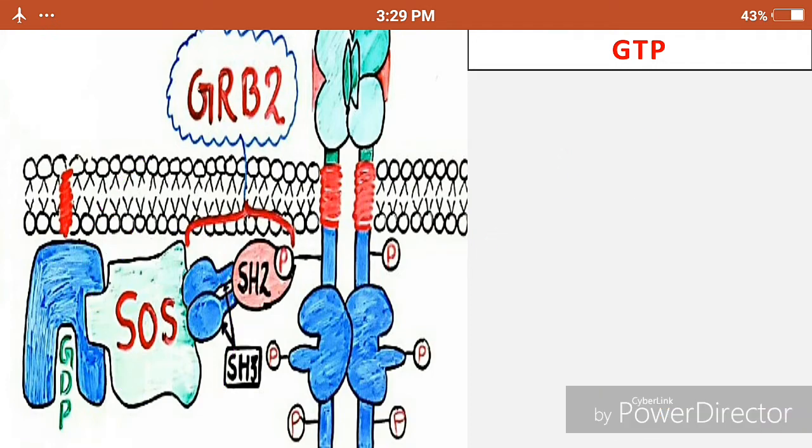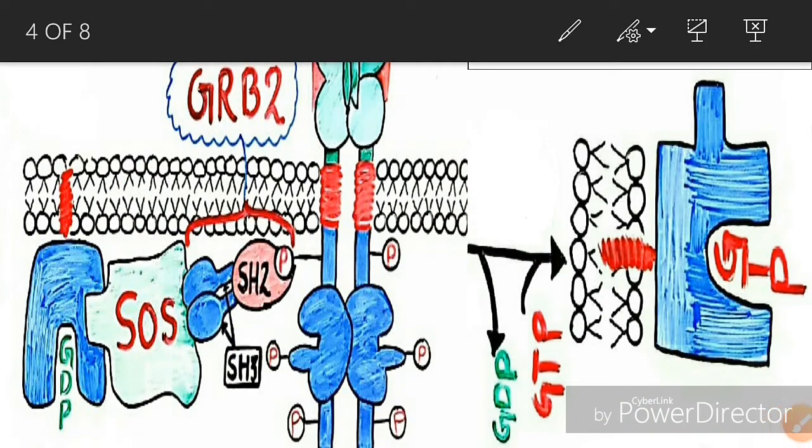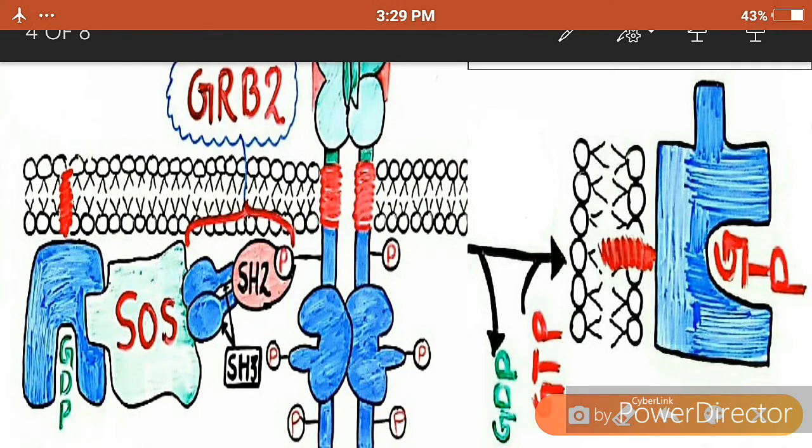So what we are going to see, GDP is released and GTP is coming in place of GDP, because after the release of GDP the nucleotide binding site becomes empty. In that place GTP comes.